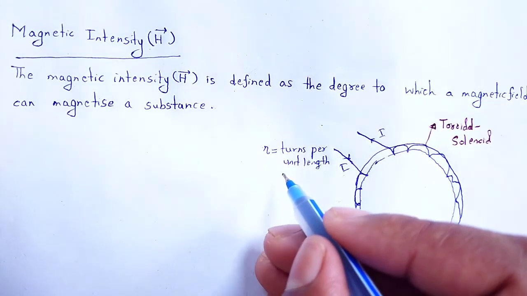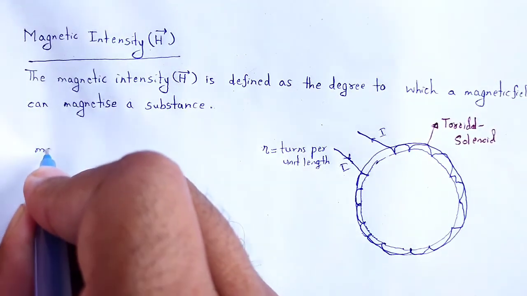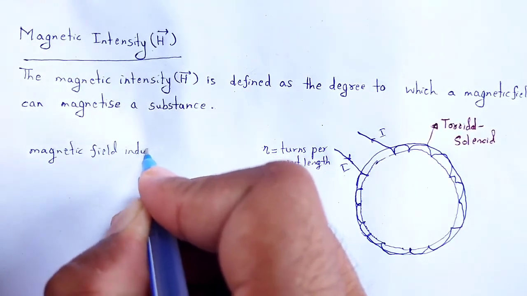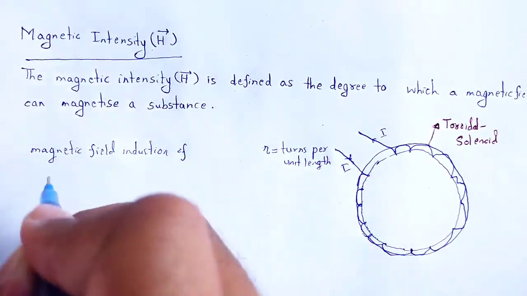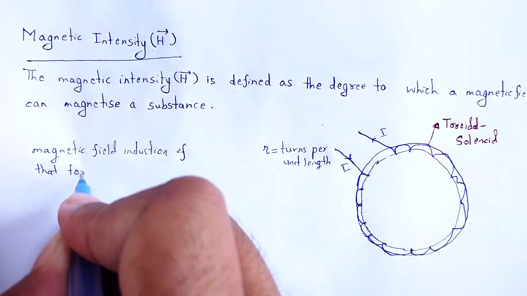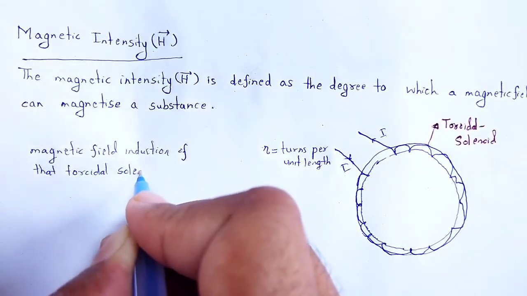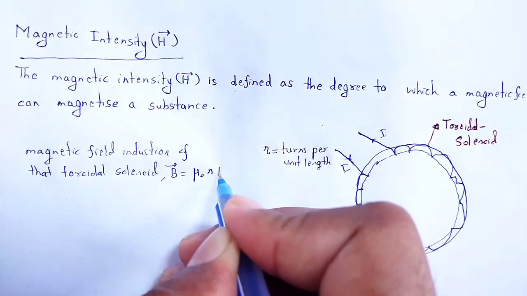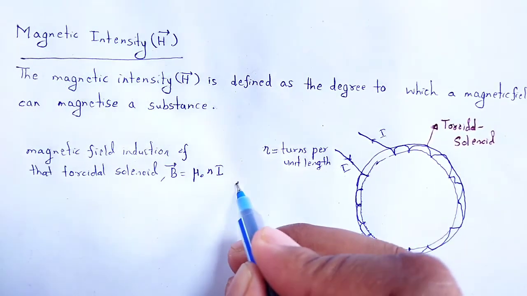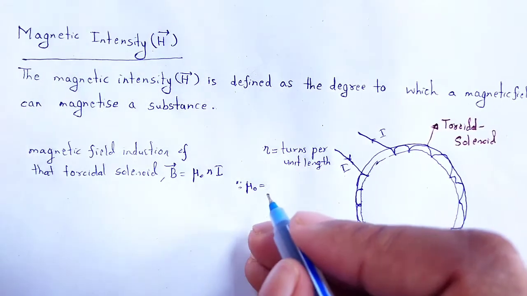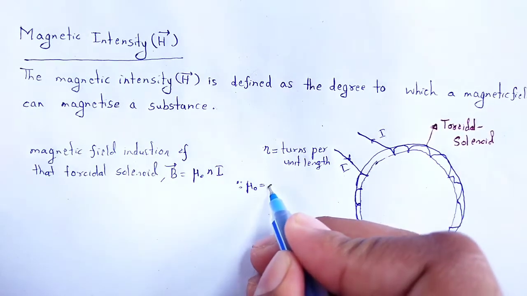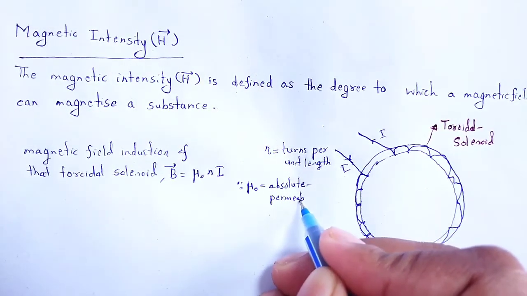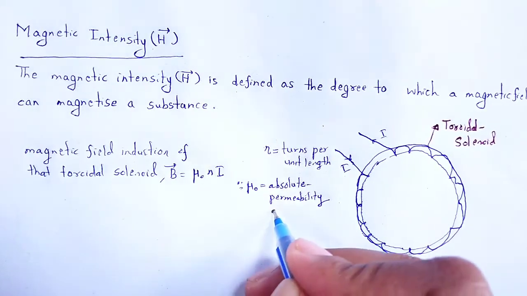So the magnetic field induction of that toroidal solenoid is B equal to mu naught n I. Mu naught is the permeability of free space, or we can say the absolute permeability of free space.